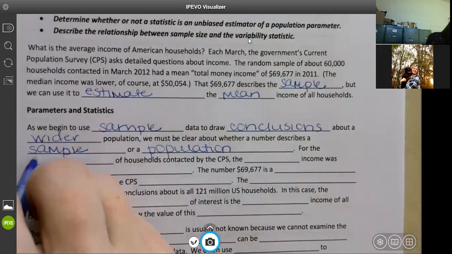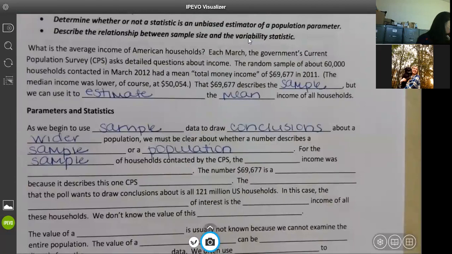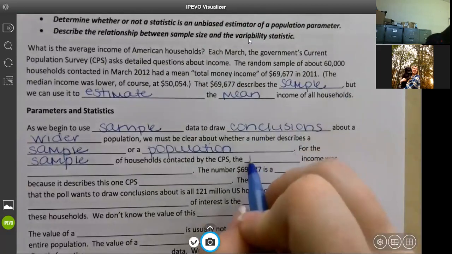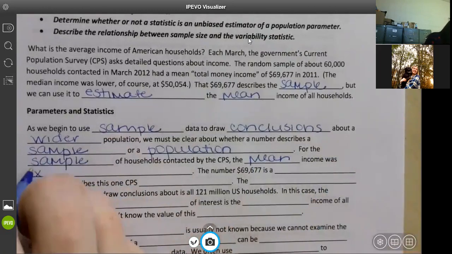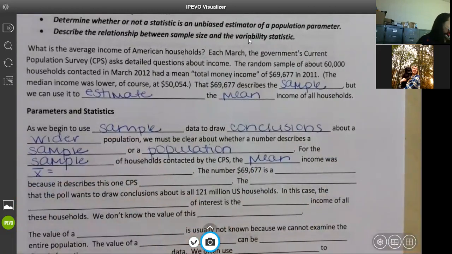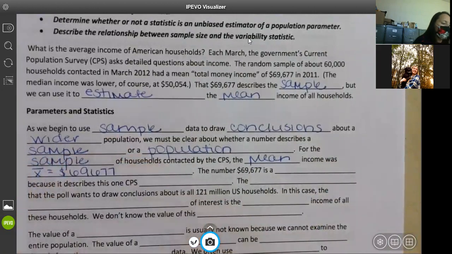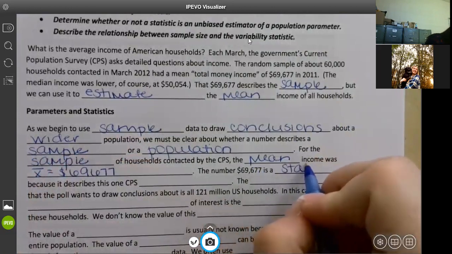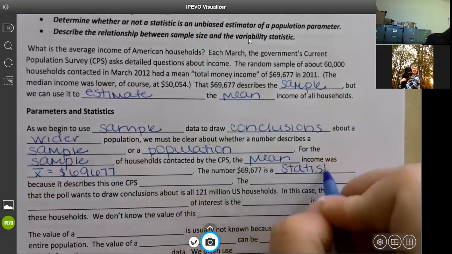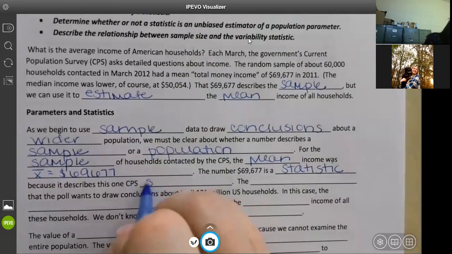For the sample of households contacted by the CPS, the mean income was x bar equals 69,677. That number is a statistic, because it describes this one CPS sample.